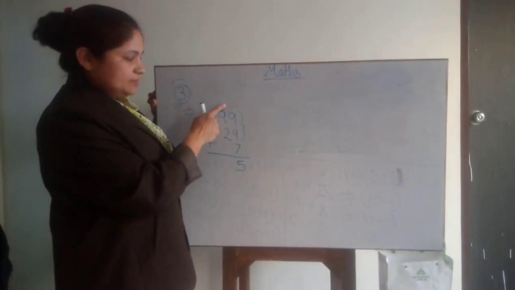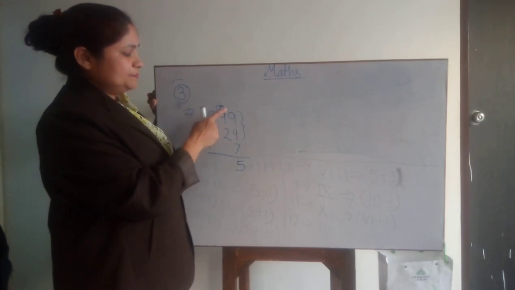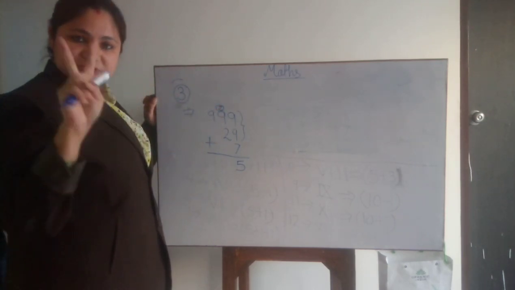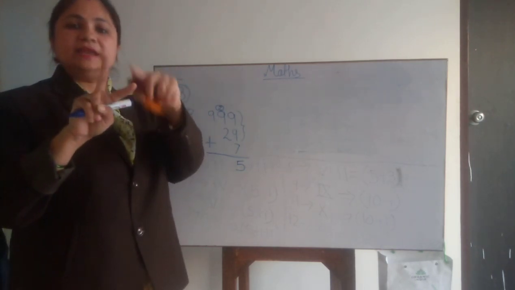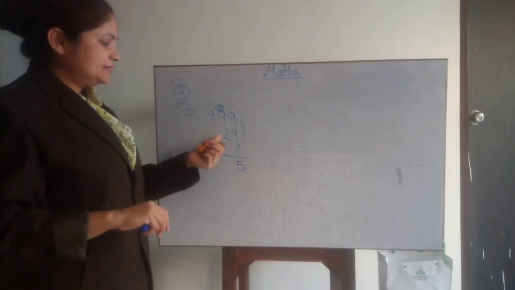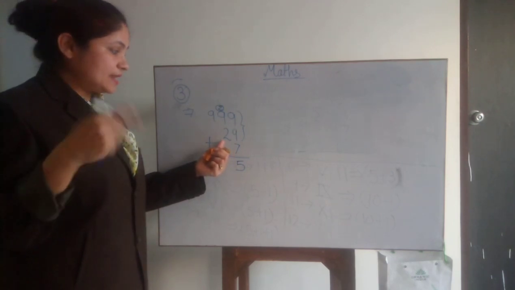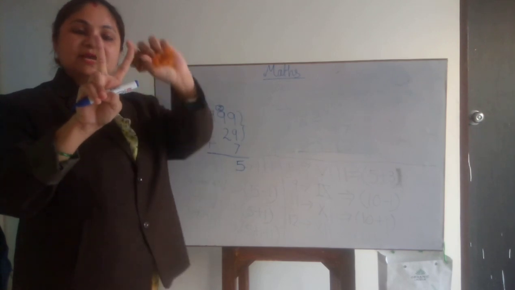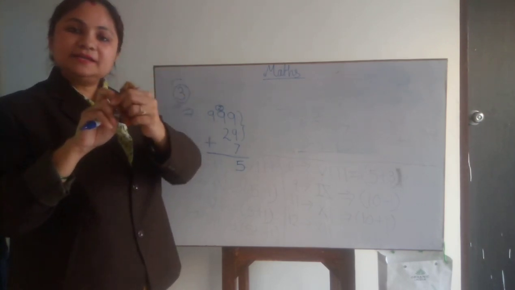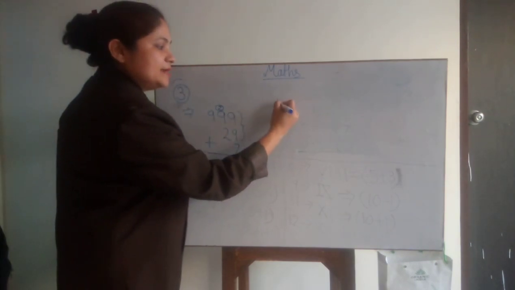This is the carry over. Now 9 plus 2. After 9, 10, 11. Then plus 2: 9 plus 2 is 11, then plus 2: 12, 13. So again we are getting a number, 13.